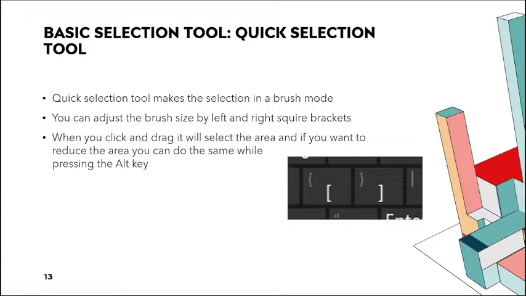The next tool is the quick selection tool. The quick selection tool uses a brush, but you can change the size of the brush by using the square brackets. And if you want to reduce the area, you can use the ALT key. By default it adds to the area.